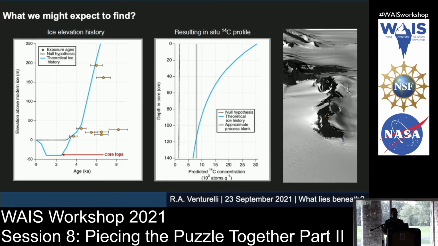If the bedrock that we drilled into was exposed sometime in the Holocene since the ice surface got to where it is today, we would expect to see an accumulation of in situ carbon in the top of our subglacial bedrock cores, as you see in this blue curve here. And if we don't see anything, then we'll just have the straight line that is shown, our null hypothesis of no radiocarbon in the rocks.